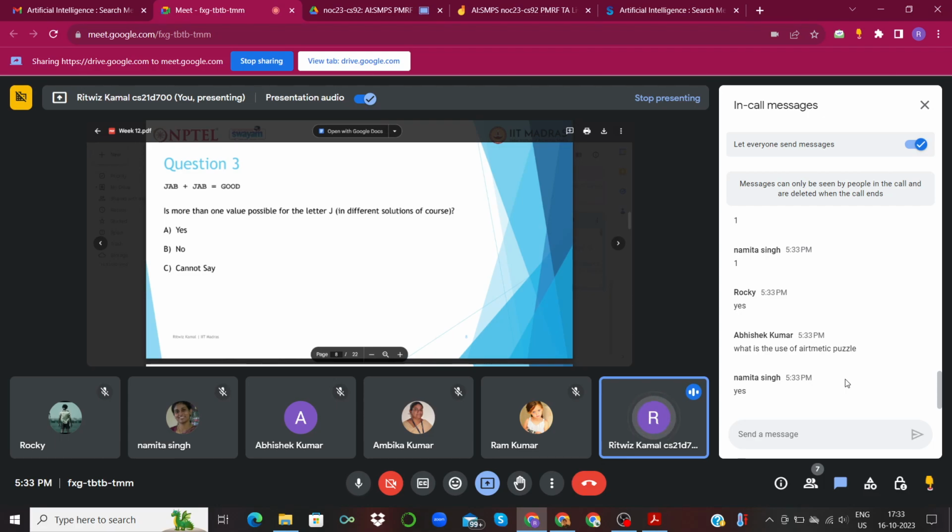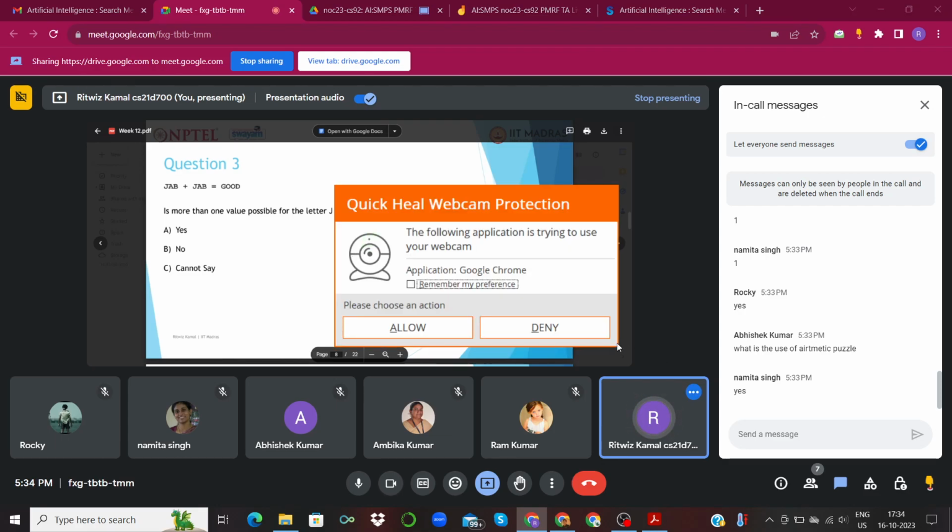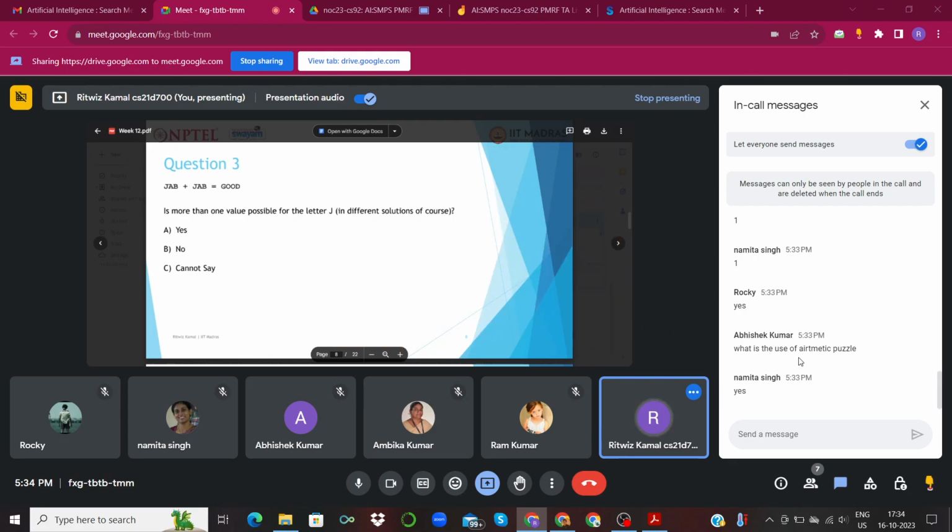So good question, Abhishek. What is the use of an arithmetic puzzle? This is essentially a toy example, or a very simple problem, to introduce you to the idea of constraint satisfaction or constraint restricted problems. There are more advanced or more complex applications of similar problems. For example, here you have a very simple equation like JAB plus JAB equals GOOD.